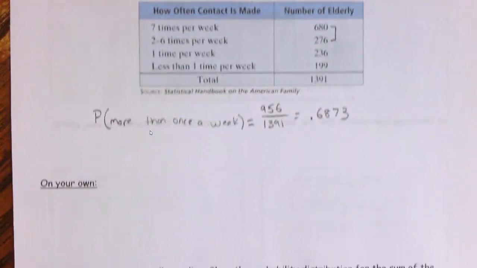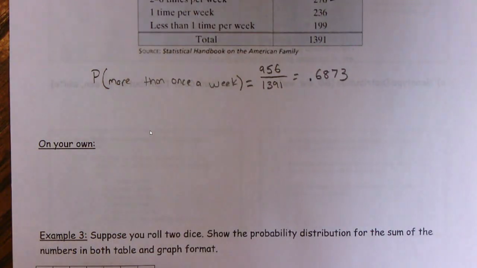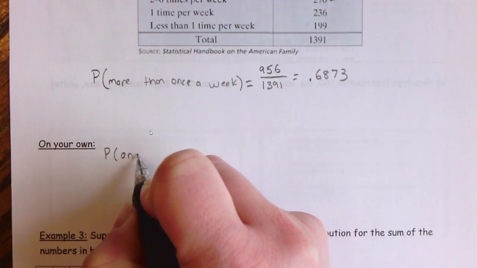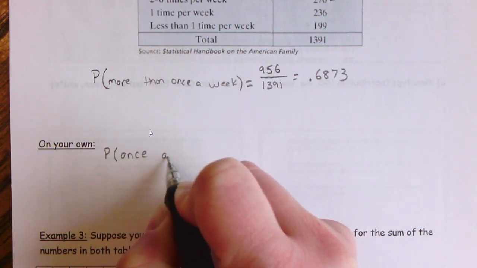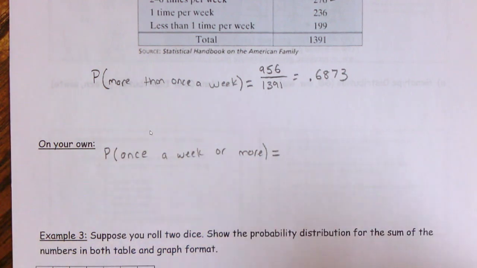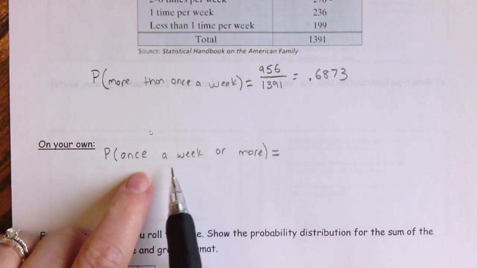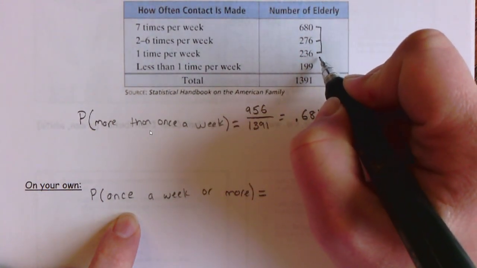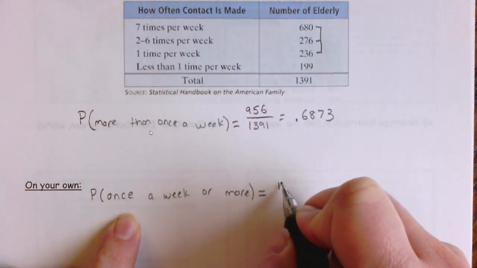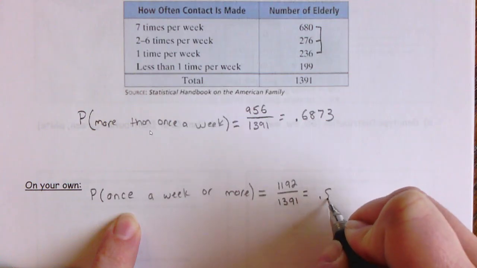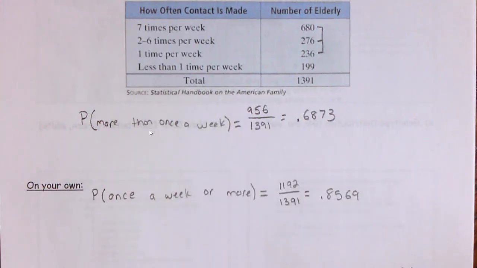So what I'd like you to do on your own is find the probability that it's once a week or more. For the contact. Okay? So if I'm including once a week, then I'm going to include this 236, which would get me 1,192 over the 1,391, and that probability is going to be 0.8569.